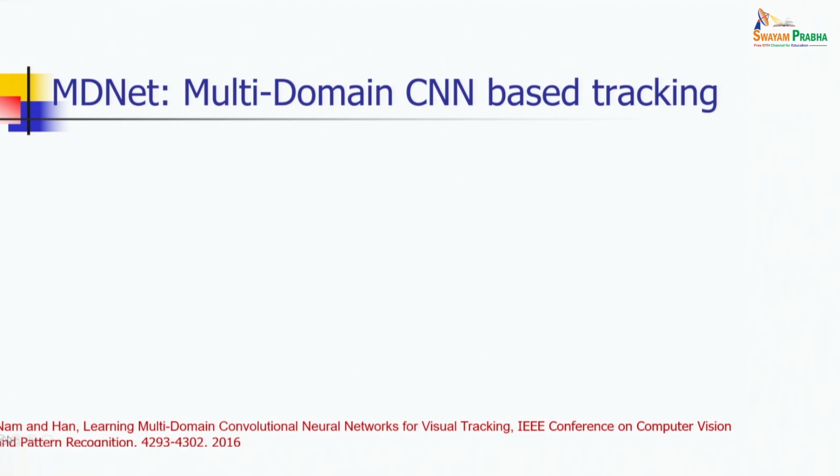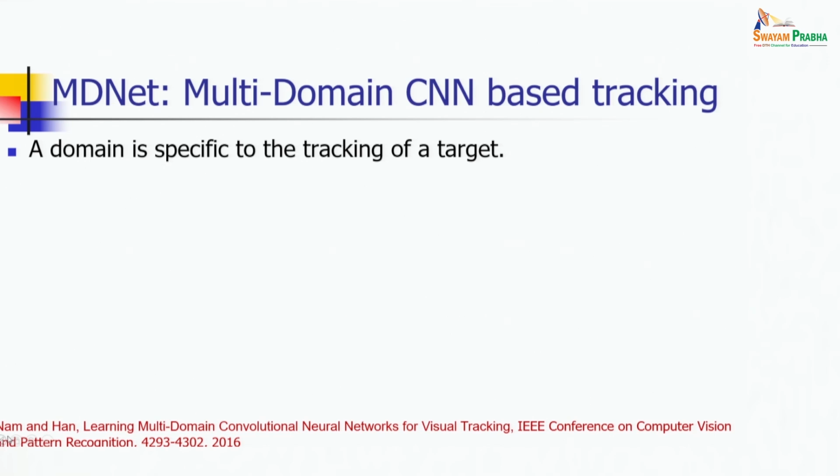So I will discuss one particular typical network which takes care of some of these factors, and this network is called MDNet, which is basically multi-domain convolutional neural network based tracking. So let us try to understand what is meant by domain. A domain is specific to the tracking of a target.